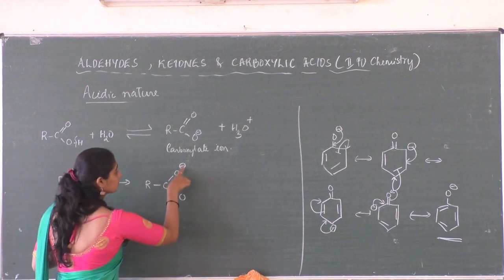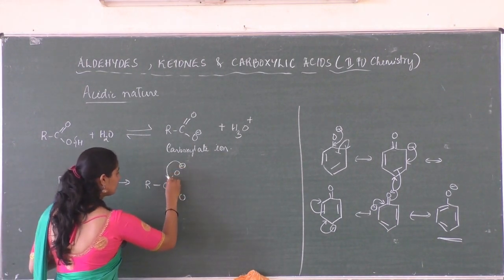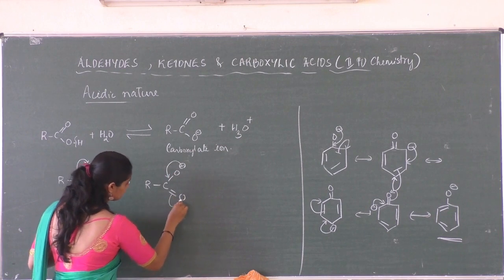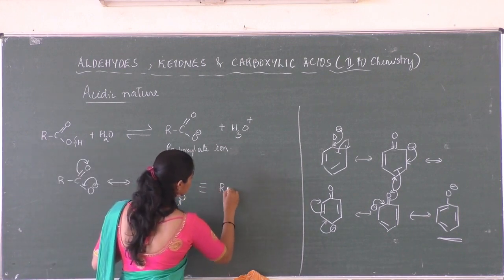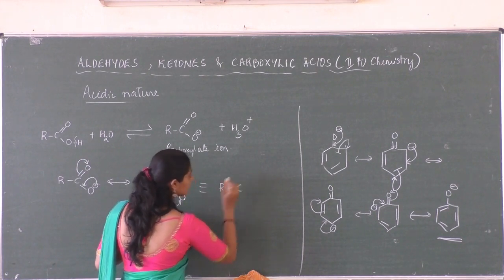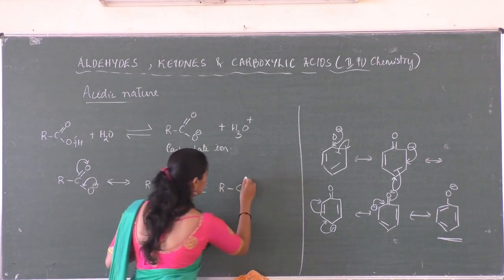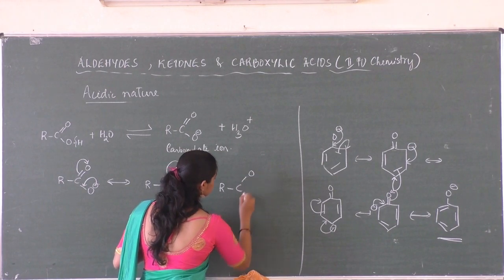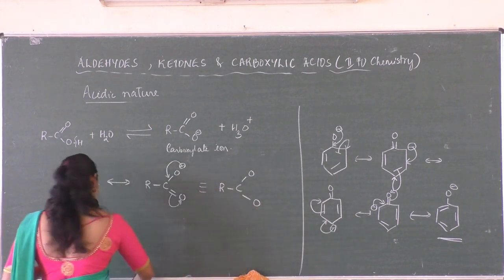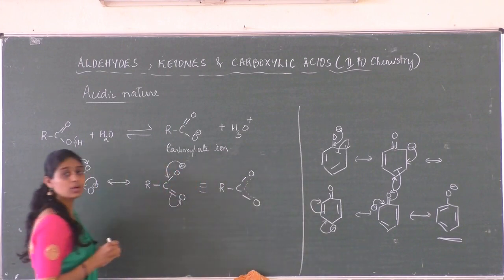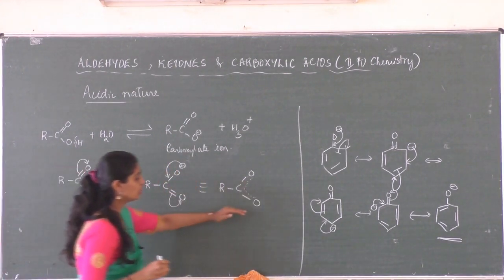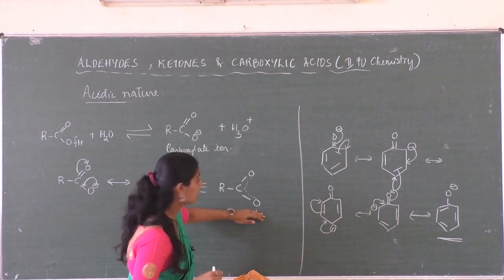Again the negative charge will be shifted on the carbon oxygen bond, and then this gets shifted. So this is nothing but a delocalization between the two oxygen atoms. Negative charge is delocalized between two electronegative oxygen atoms.